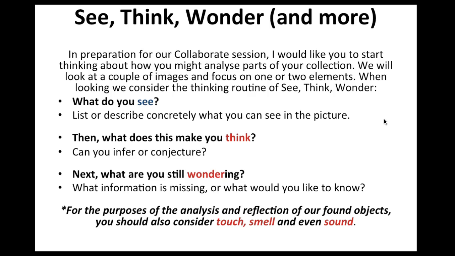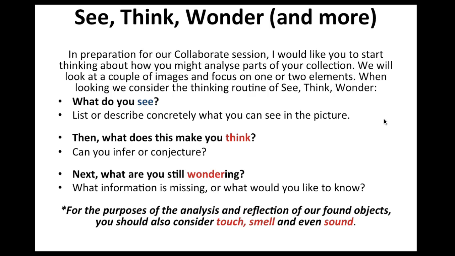So you look at the image. This is a great thing to do with children. What do you see? So you concretely describe what you can see, just physically, adjectives. What can you see in the picture? Nouns, everything you can see. Then, what does this make you think? So can you make inferences from that? You wonder where they came from or how they got there or what they're used for, what happened to them, why have they deteriorated?